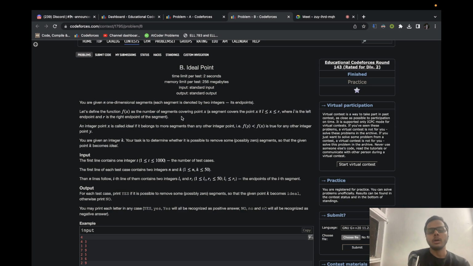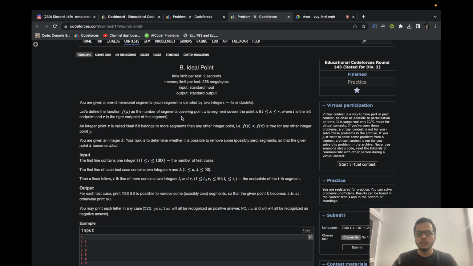Now all you need to check is whether or not it's possible to remove some or none of the ranges such that f of k becomes greater than f of x for all x not equal to k. The main observation here is that we need to see what happens when it is not possible to make the point k ideal.